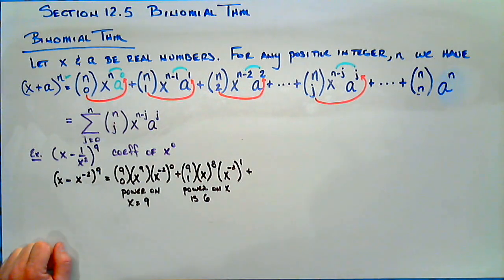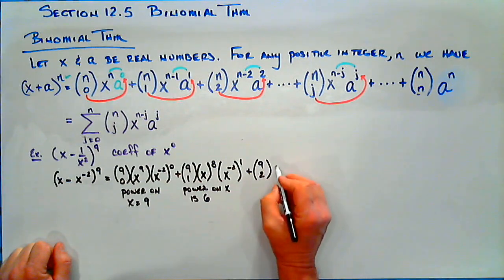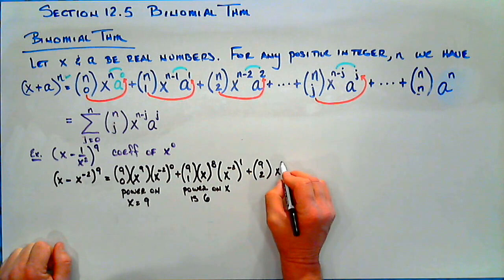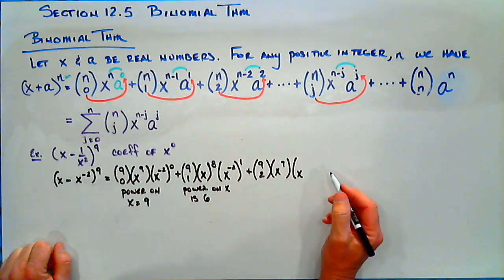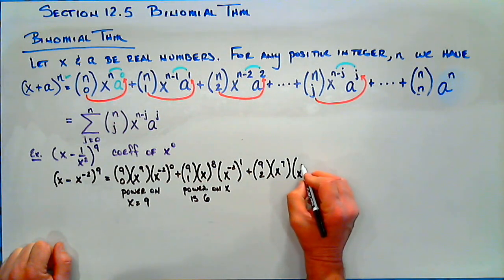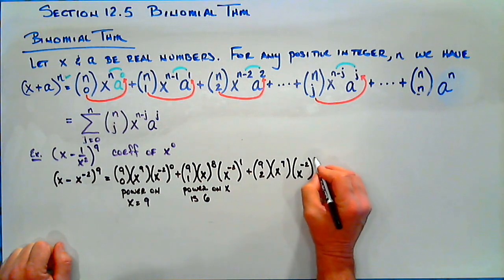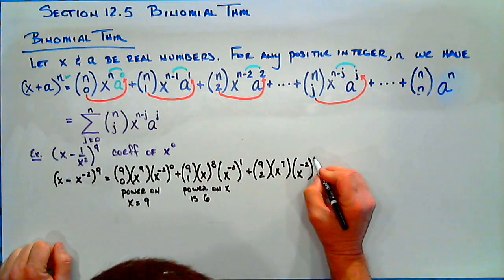What's the next one going to be? It's going to be 9 choose 2, isn't it? 9 choose 2. X is going to be to the 7th, isn't it? And x to the negative 2 is going to be to the second power, isn't it?